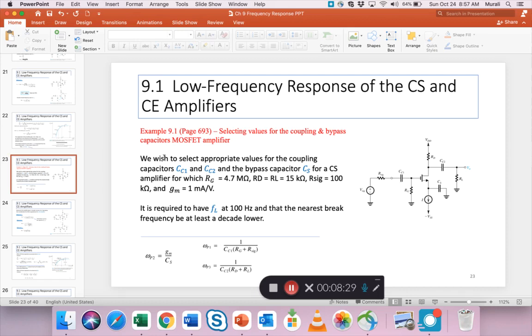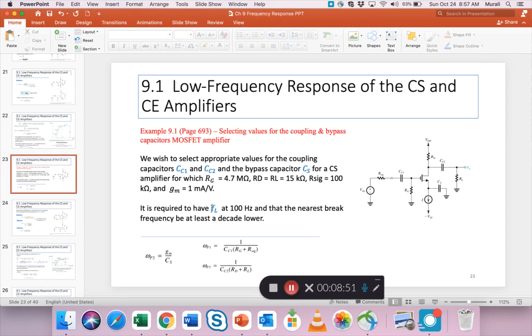So let's read the problem. This problem is related to finding the values of CC1, CC2 and CS given a goal of a certain breakpoint or minus 3 dB frequency.